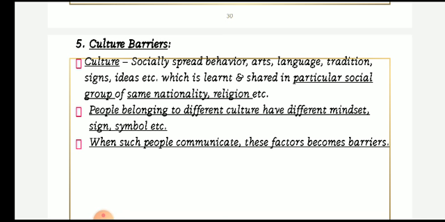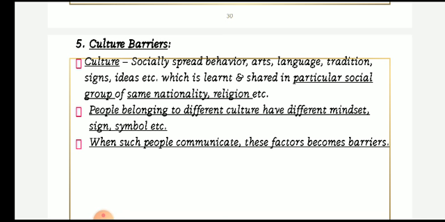Persons of the same group or culture will have a similar mindset, but even in two states, people have a different mindset, different language, and different signs and symbols used in speaking their languages.